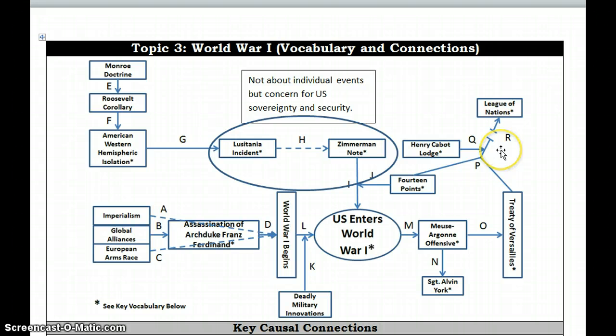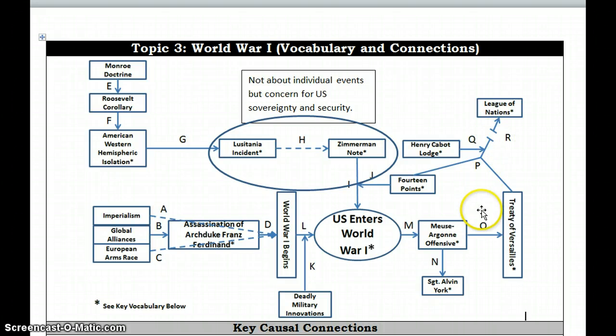And the thing that is most contentious is the League of Nations, right? This international peacekeeping organization that Wilson proposed back in the 14 points that Lodge and other isolationists are not in support of.